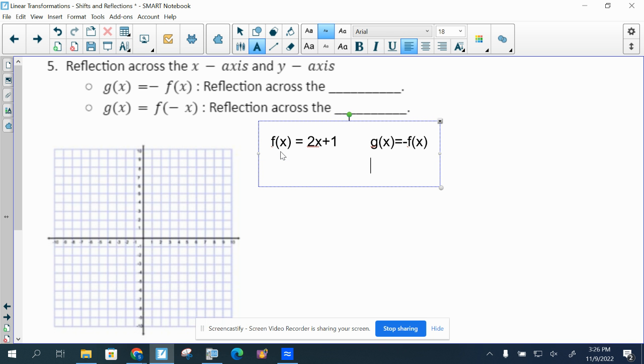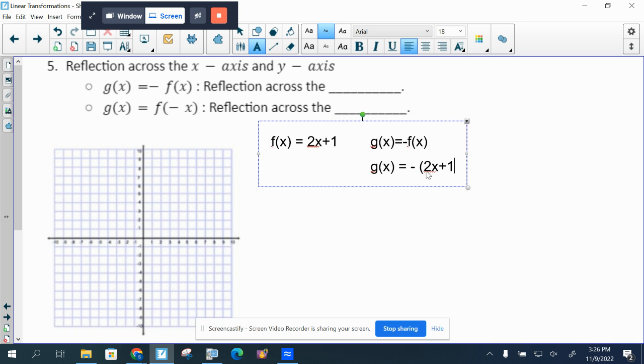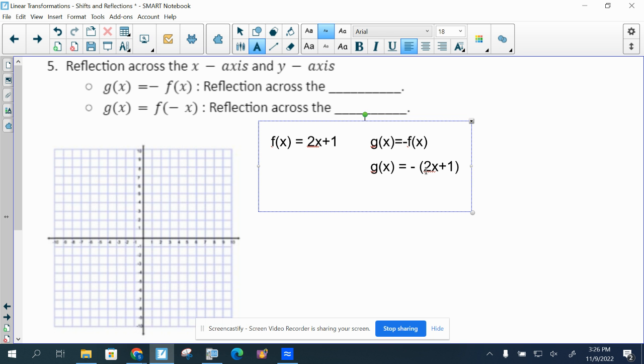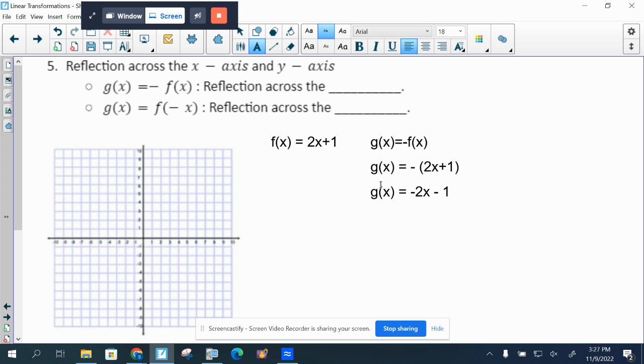So this means we are going to be doing a negative parentheses and then basically multiplying the entire f of x by a negative. So 2x plus 1. That's going to change out all the signs. So g of x will be negative 2x minus 1. And let's see what that looks like and what happened if it reflected across the x or the y-axis. So 2x plus 1, negative 2x minus 1.